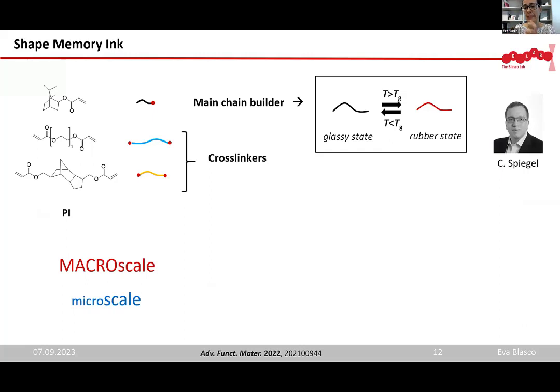I told you at the beginning that, of course, we have this low photopolymerization probability. So for two-photon laser printing, usually we need a higher density of crosslinkable groups.